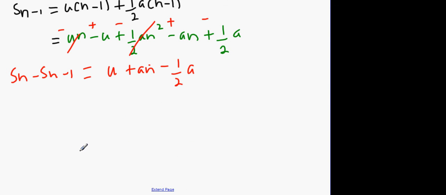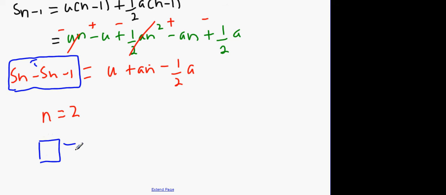It's when n equals 2, which means when we're talking about the second, the distance travelled in the second. This blue box is the distance travelled in the nth second. Do you got it? So this blue box, when n equals 2, is going to be equal to 17, because the distance travelled in the second is 17.